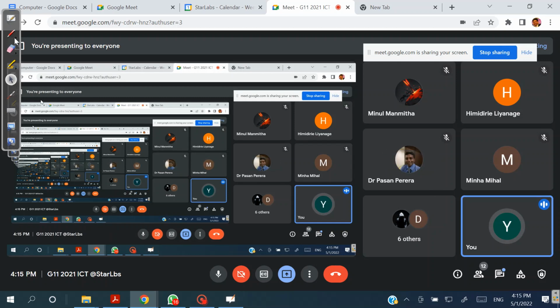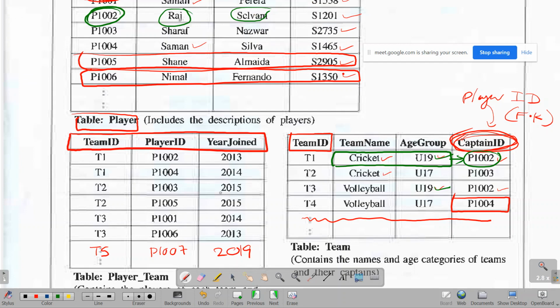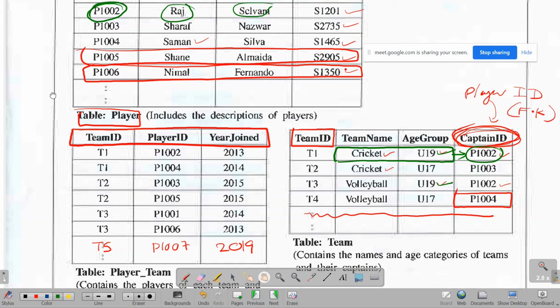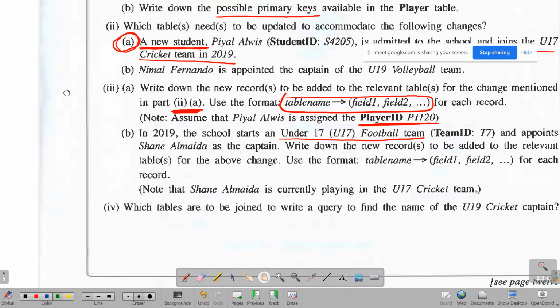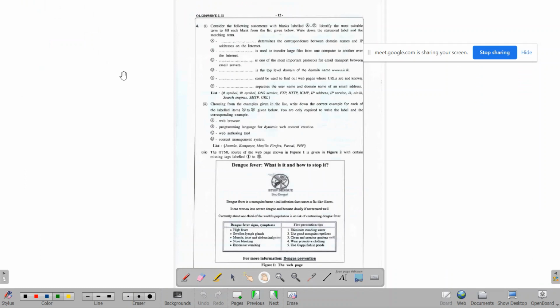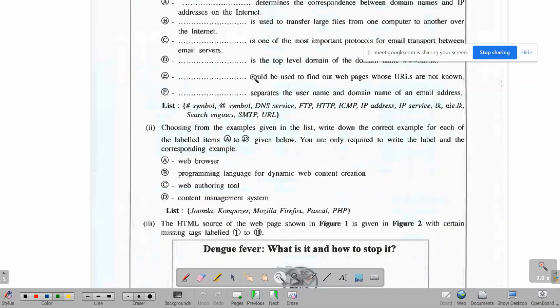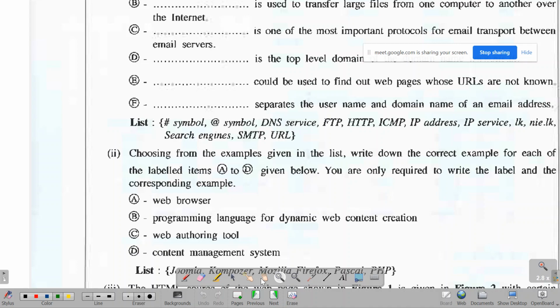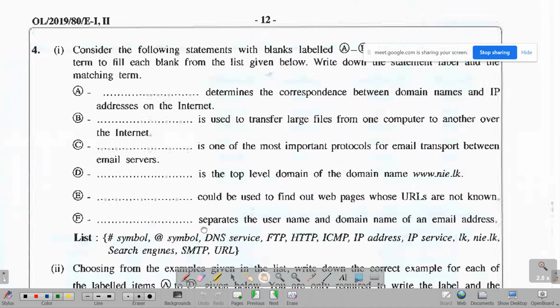Okay, so I'm moving to the next question. The fifth question is regarding HTML and the internet.